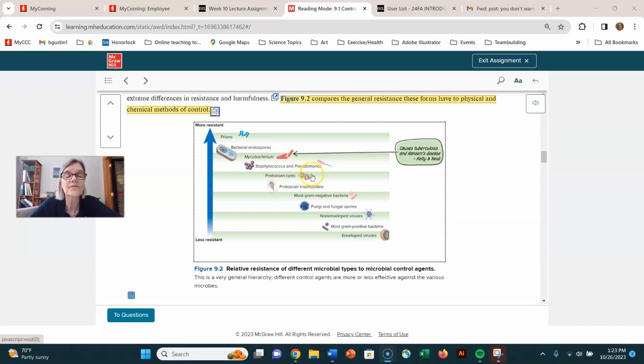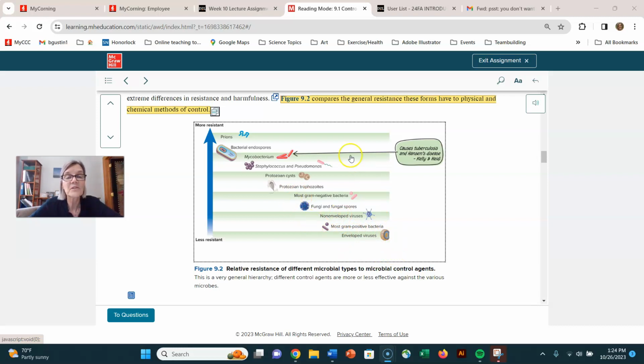So they're one of the structures that is a little bit more resistant to microbial control. And then we start getting down into some of the other things we've heard about: gram-negative bacteria, gram-positive, fungi and their spores, viruses. And you might remember we said enveloped viruses are more sensitive to microbial control than non-enveloped.